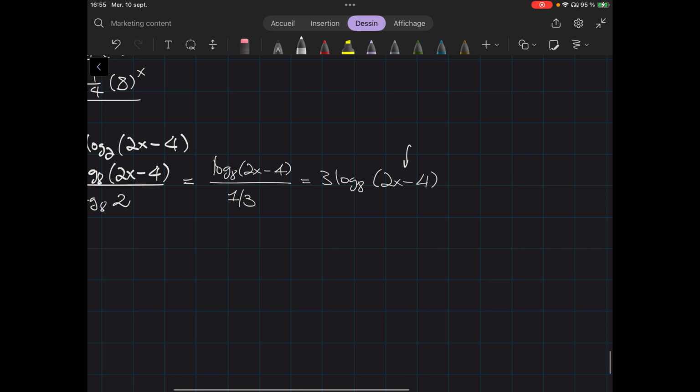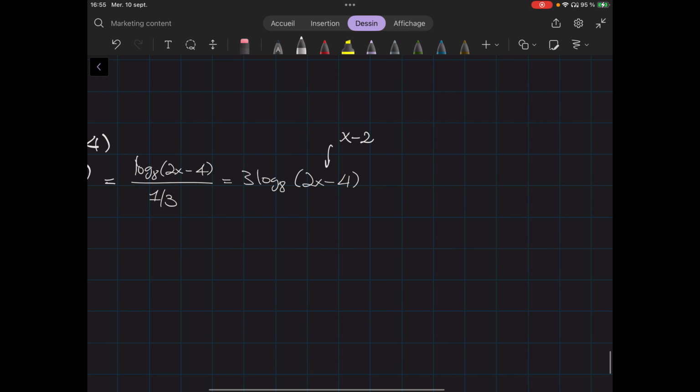Also notice that the argument is in the form x minus 2. That means that we need to factor the 2 out of the current argument. Using laws of logarithms once again.